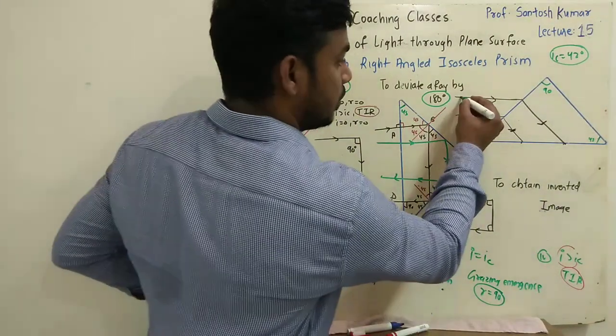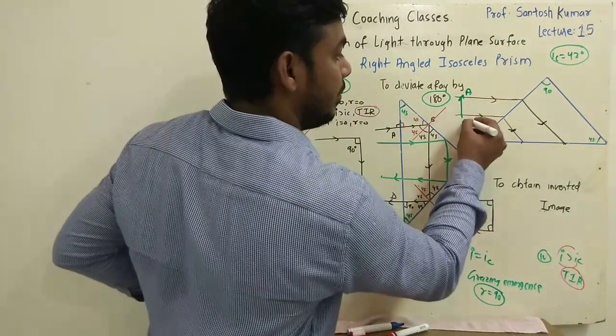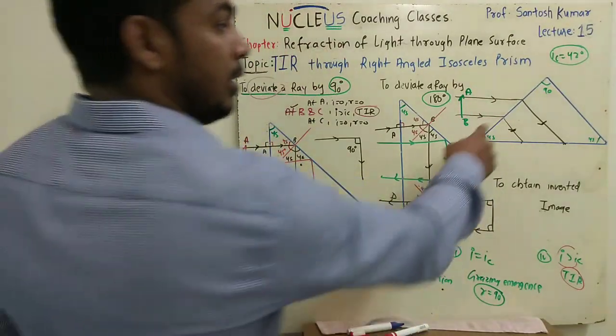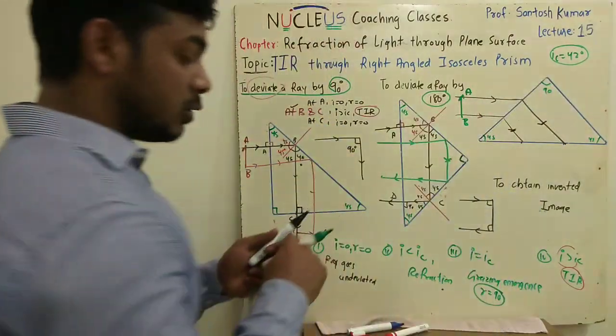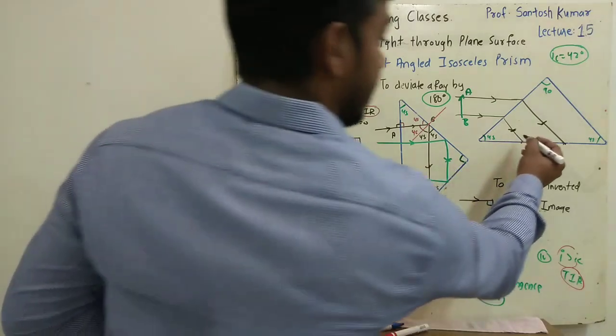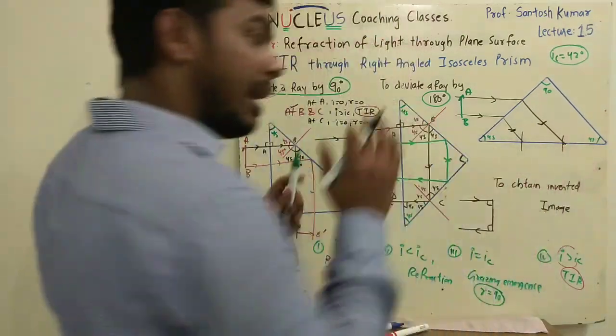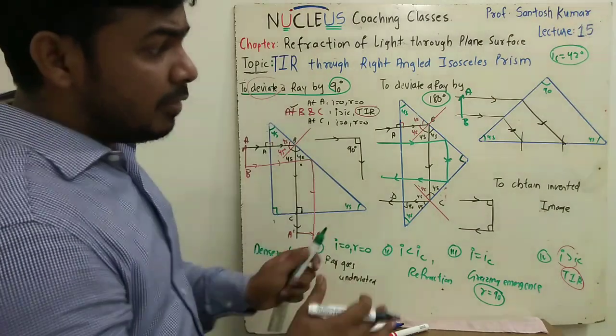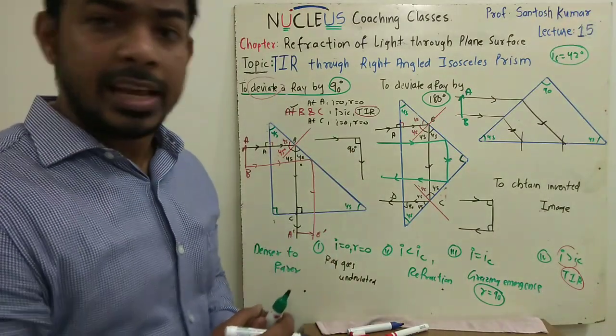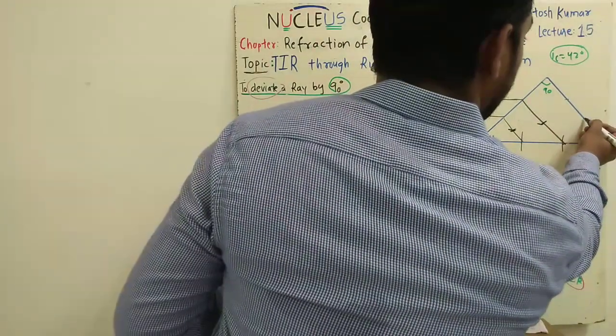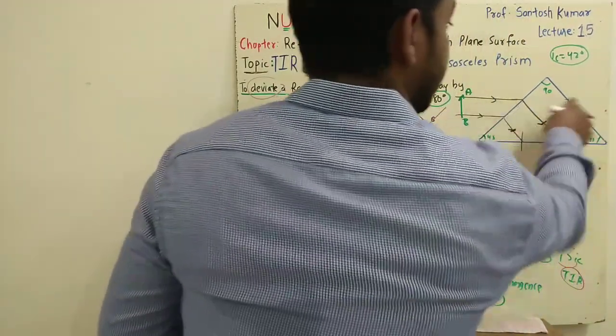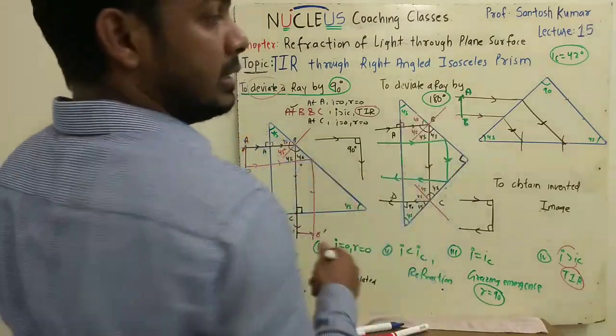So this was the object, let's say the object AB, and now on this surface refraction of light has taken place, but here by angle measurement, total internal reflection will take place and the ray will get refracted. So here you have to consider 2 points in the exact directions of the two incident rays.